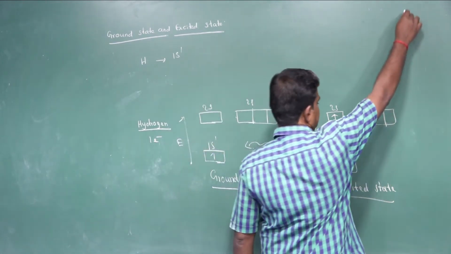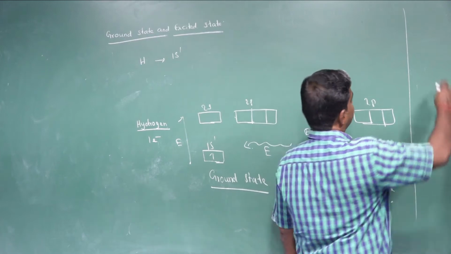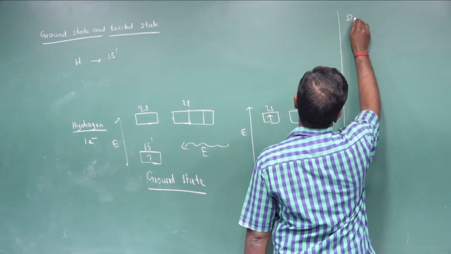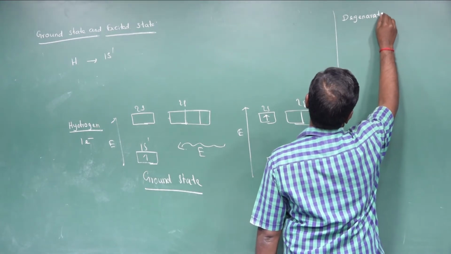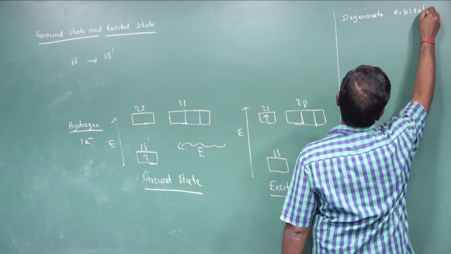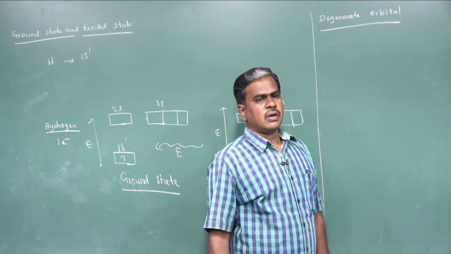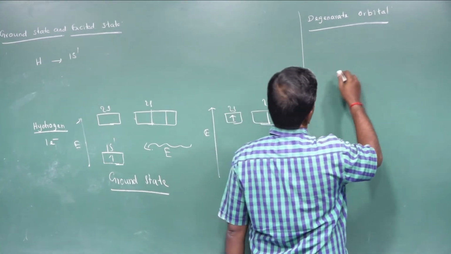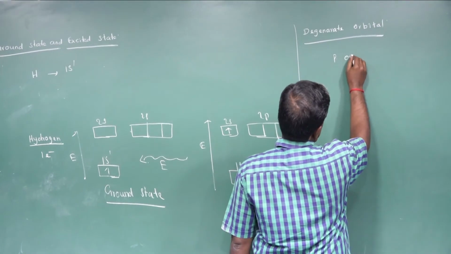Now we may take the concept of degenerate orbitals. What is degeneracy or a degenerate orbital? In a multi-electron system we may compare the p orbital.